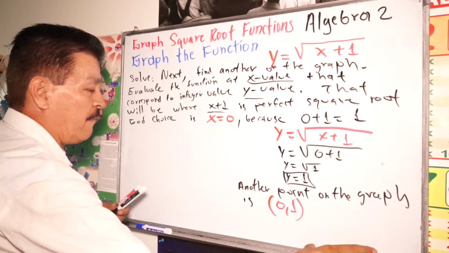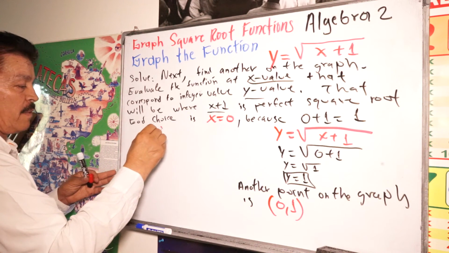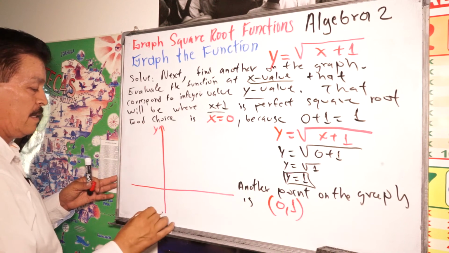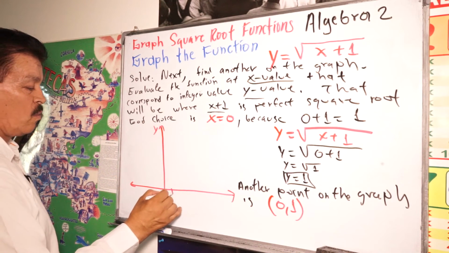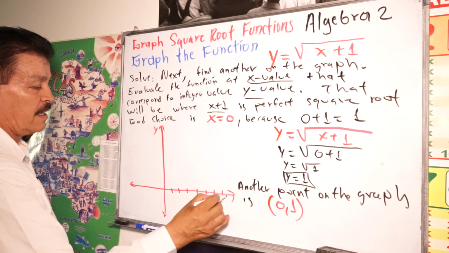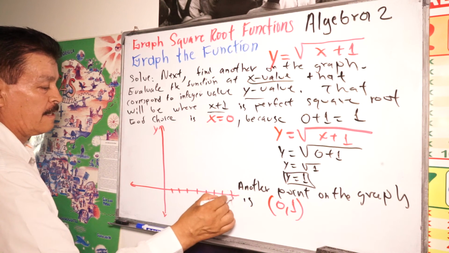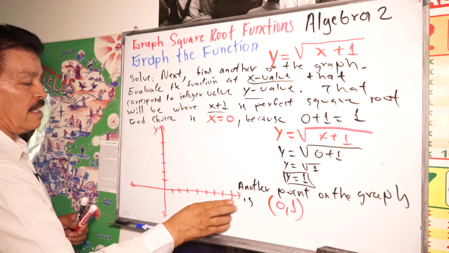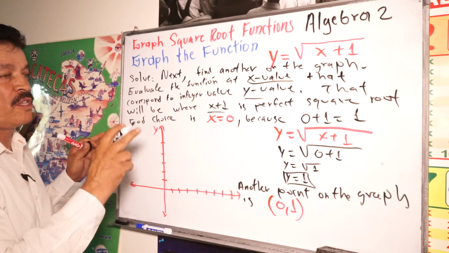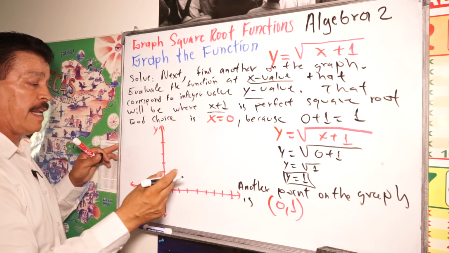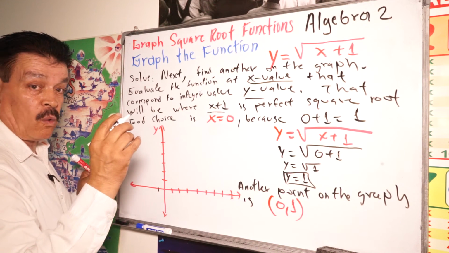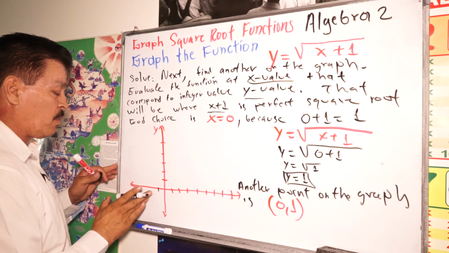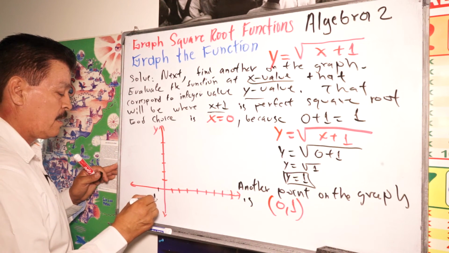So let me write the graph right here. The first point that we got, remember, was negative 1, 0.